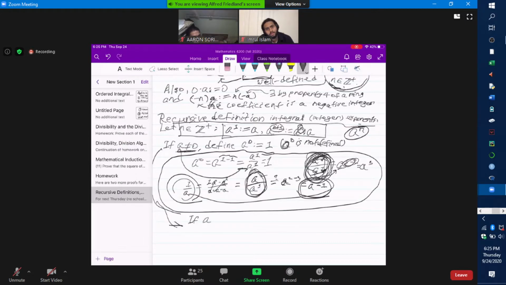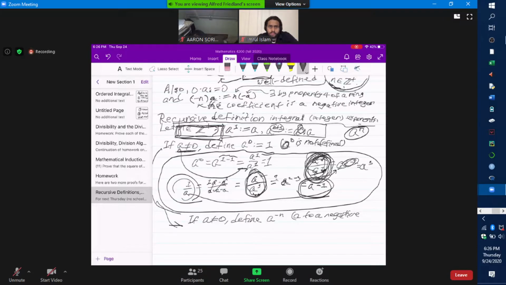If a is not 0, because you have the same sort of thing as we have up here, we will define a to a negative power. Again, up here we defined a to the nth when n was a positive integer.